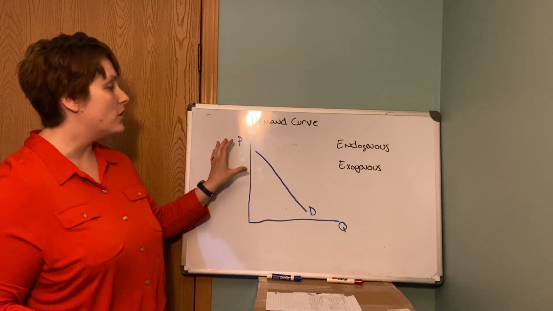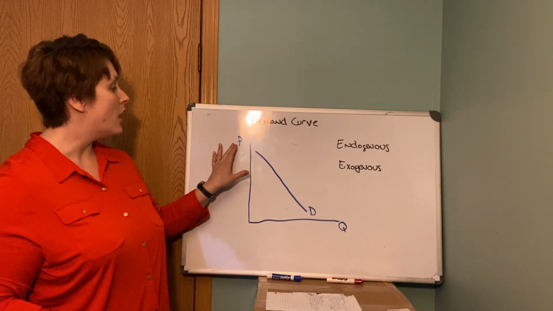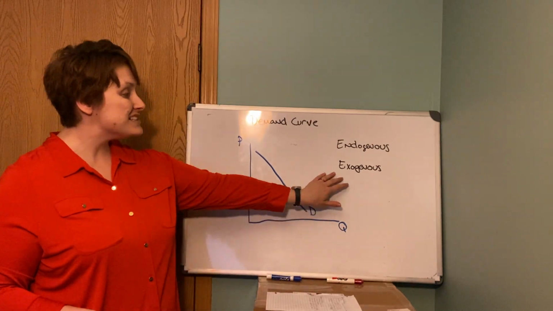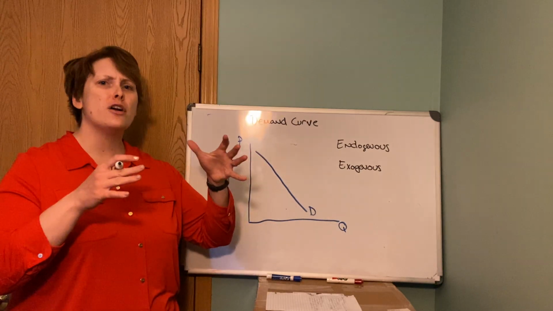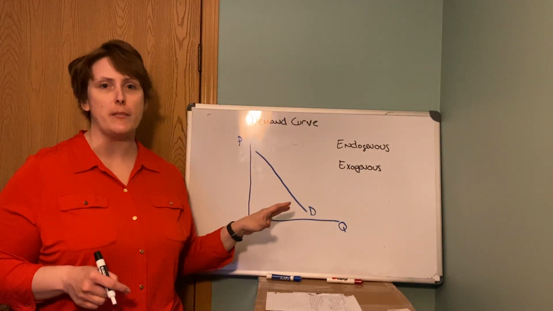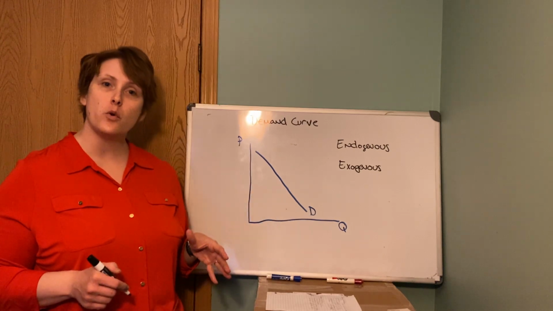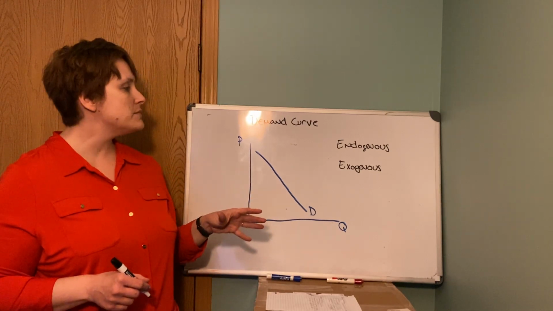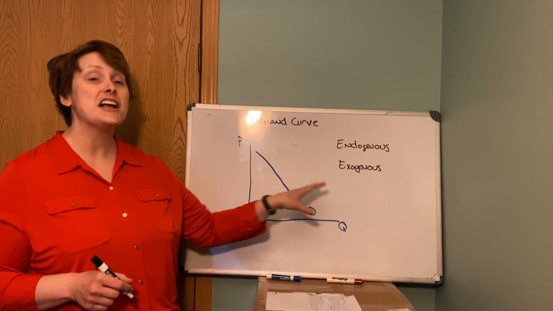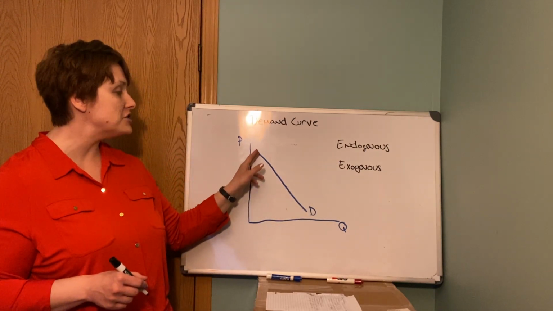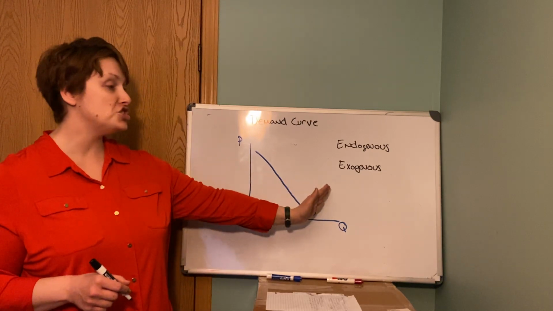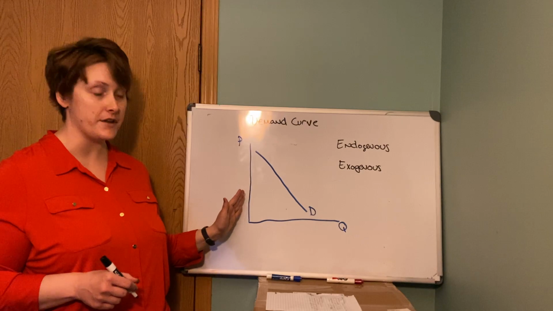So in this example, our endogenous variables are P and Q, price and quantity. Our exogenous variables are anything outside of our model that might change things within our model. And that's what we're going to be looking at. We're going to be looking at the variables and the situations that actually make this curve not just move from one point to another, but actually shift in one direction or the other.